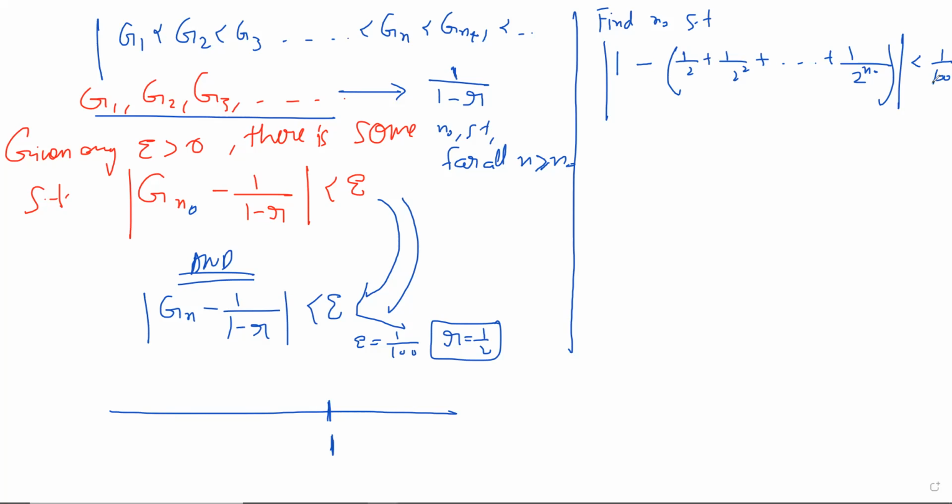Anyone has thought about such thing? Like, how far do I need to go so that the difference remains less than 1 by 100 from 1? Any quick answers? 7 or 8 terms would be enough, right?